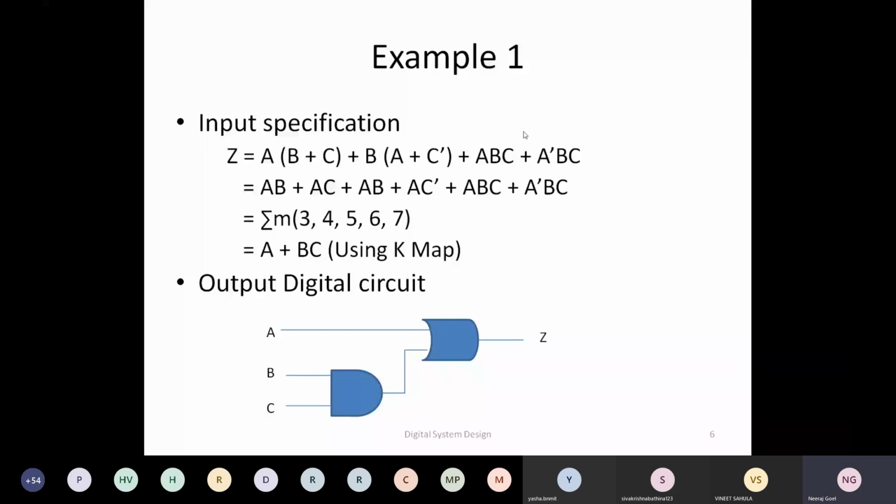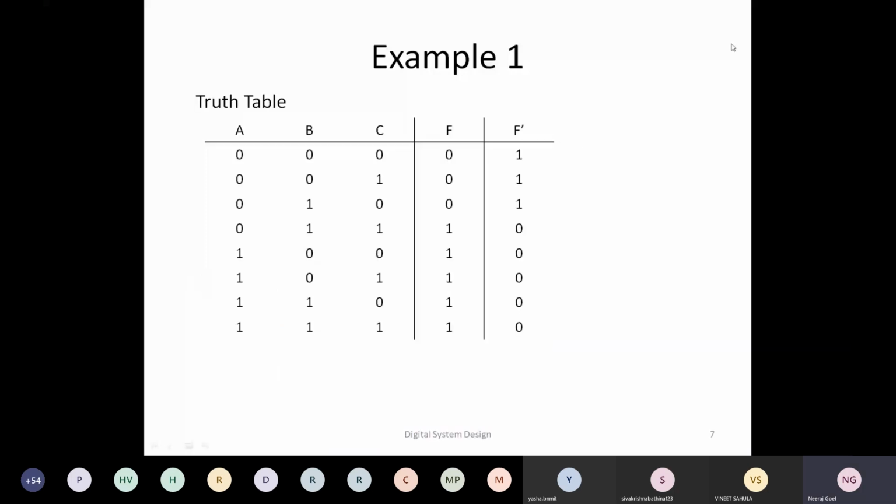So for the same function, if I write the truth table, it will come out something like this, where the observation is that all the combinations of A, B, C have been created, and then F is evaluated for all the combinations.